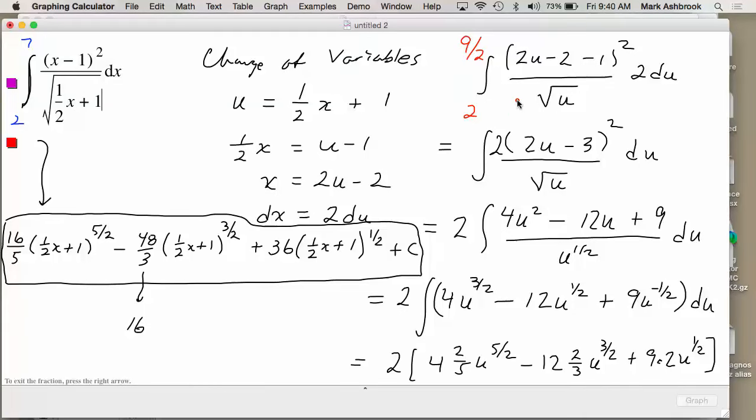So if it's the definite integral, we could go ahead and change the limits too, from x to u: x equals 2, x equals 7, to u equals 2, u equals 9/2. And when I got here, I could just evaluate this one from 2 to 9/2, and I wouldn't have to change it back into x. So when you have a definite integral, you've got that choice.